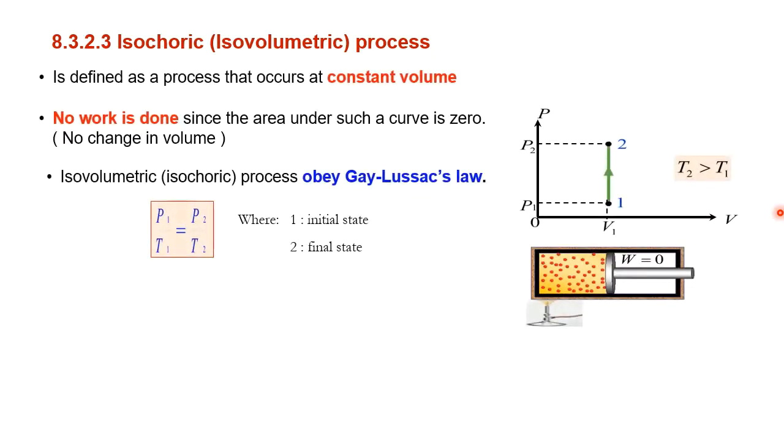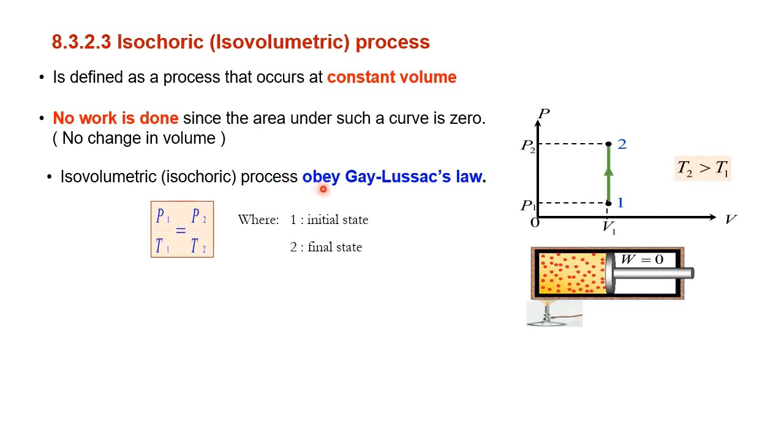The next process is isochoric, and it has another name, which is isovolumetric. Still remember, this is a process that occurs at constant volume, so the volume stays the same. Since then, no work is done because the volume stays the same.